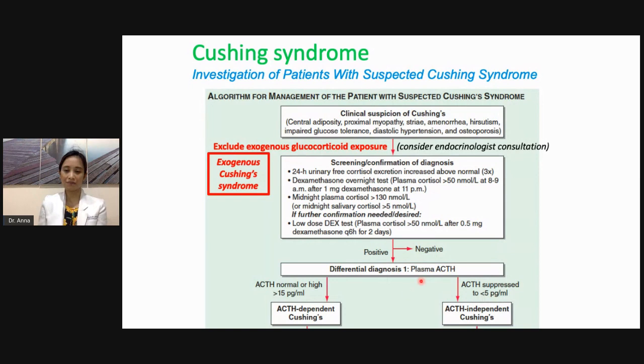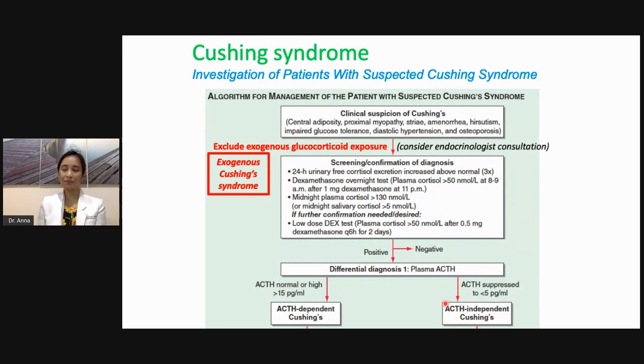No? So for plasma ACTH, if it's normal, it's inappropriately normal. Supposedly, if you have elevated glucocorticoids, your ACTH should be suppressed. So that's your ACTH independent Cushing.